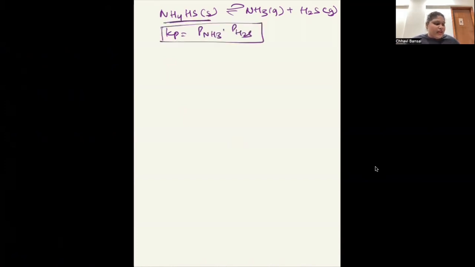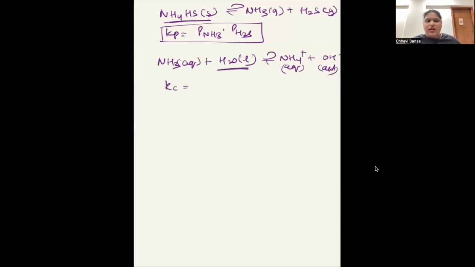Same way, if we have NH3 aqueous plus H2O liquid, forming NH4 positive plus OH negative, aqueous. All are in aqueous state except water. In that case also, we are going to calculate the value of Kc, and H2O we are not going to consider because H2O is in the liquid state.